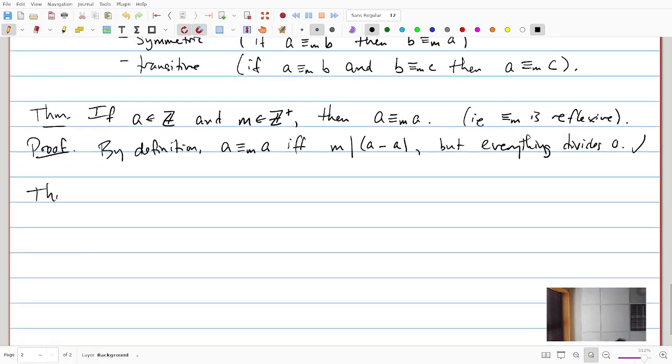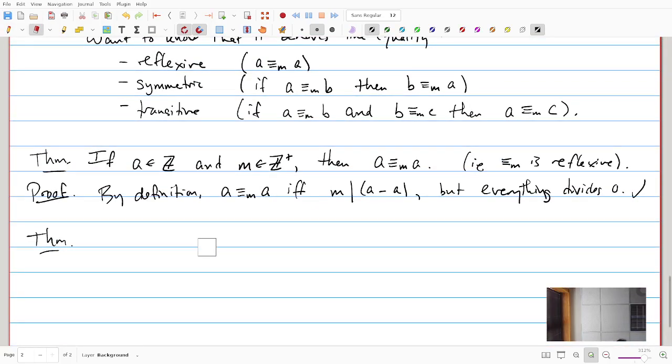So, let A, B, and C be integers. Wait. Yeah. I'm going to do, let's do transitivity. That was more interesting.